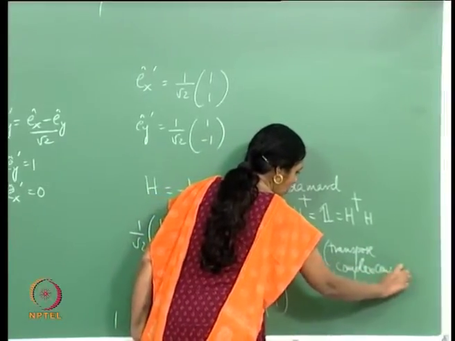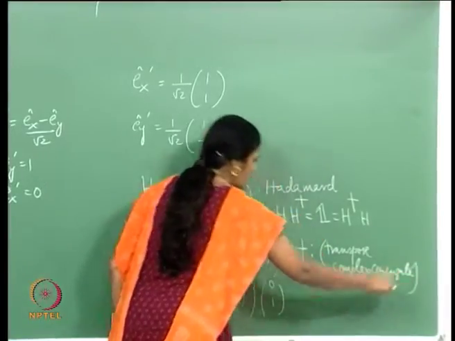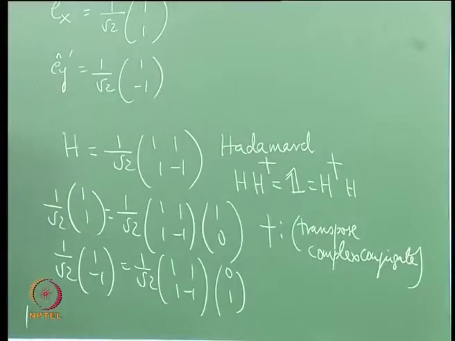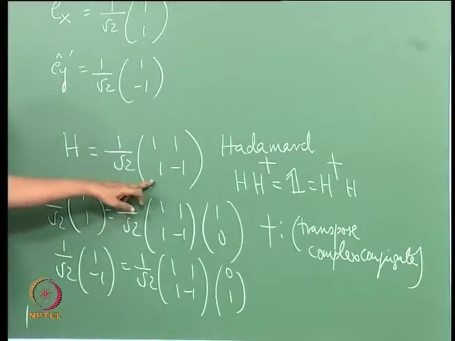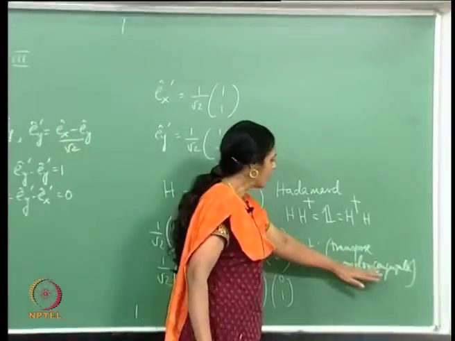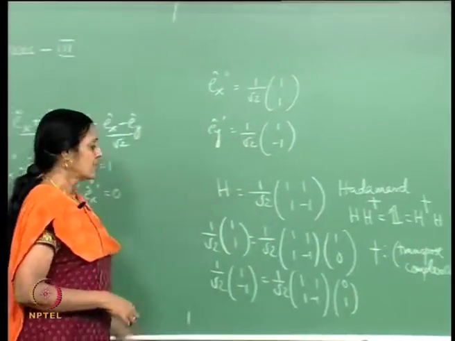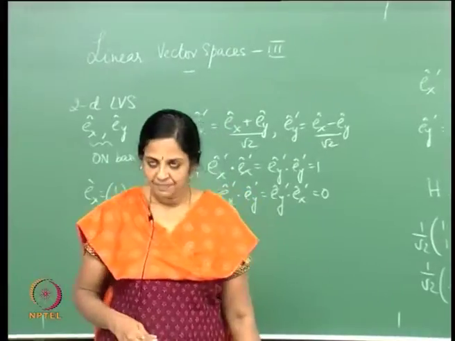Interchange the rows and the columns and take the complex conjugate of every element. Of course, here all elements are real, and so the second part of this prescription is not really needed, but that is the Hadamard matrix.